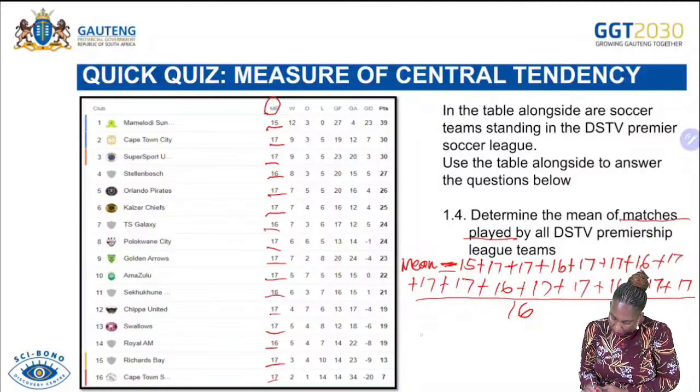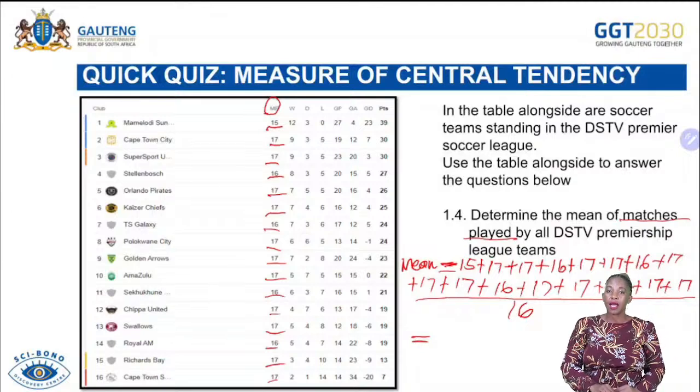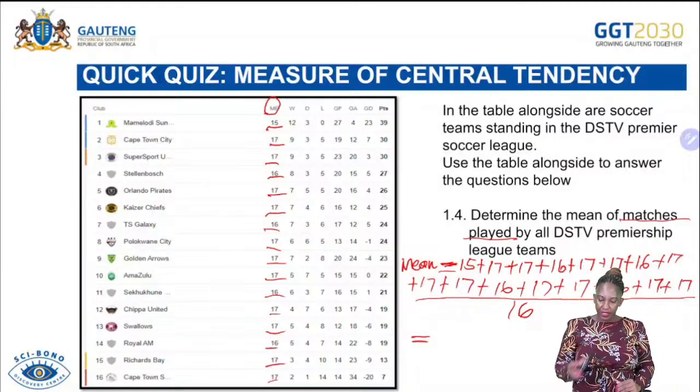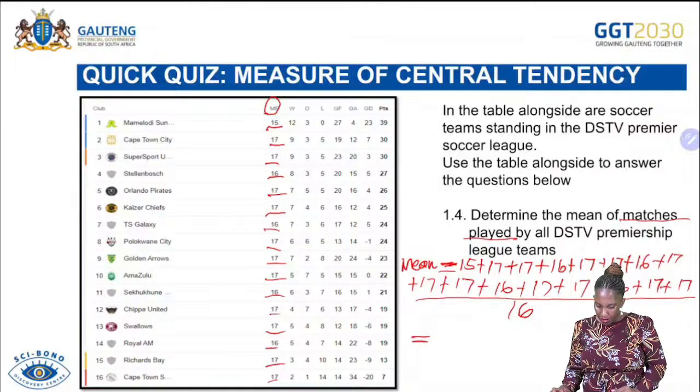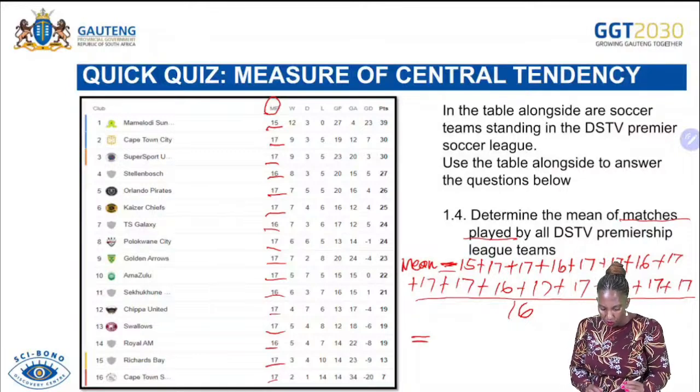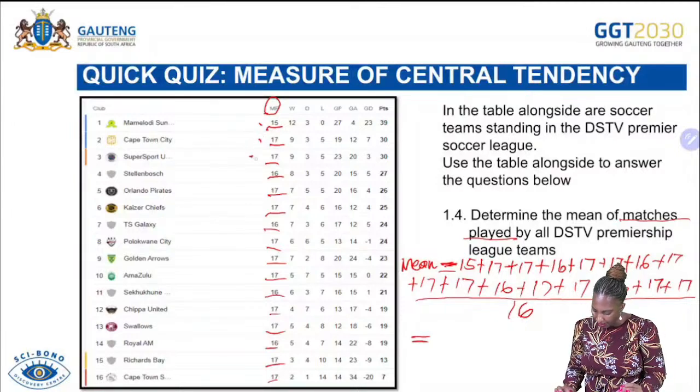And then I continue, because they said I must determine the mean. My friend, the calculator, is here to assist me. It will be 15 plus 17 plus another 17. We must add all the values, 16 plus 17. We mustn't skip even a single one.